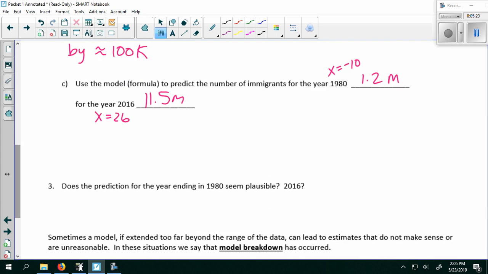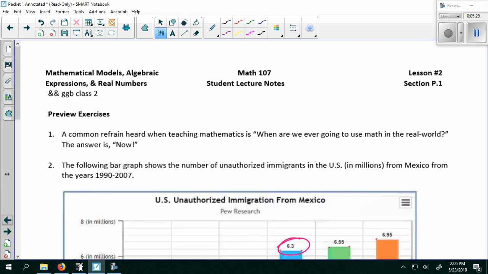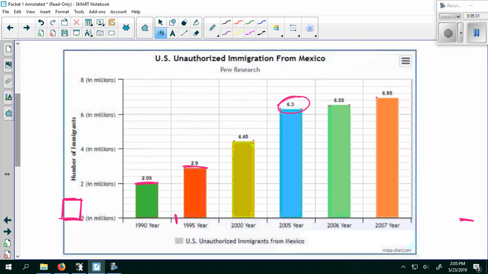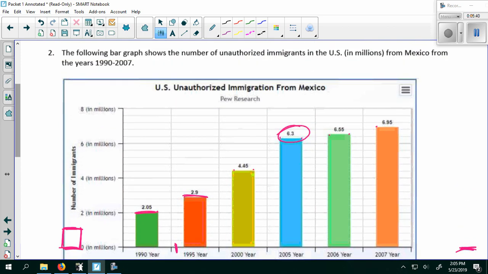Then let's talk about 2016. That predicted 11.5 million. So let's look at the data. 2016 is 9 years after our last data point, 2007. It's over here. And 11.5 million is like way up here. That seems like a big jump. It seems a little out of line with the previous jump sizes.